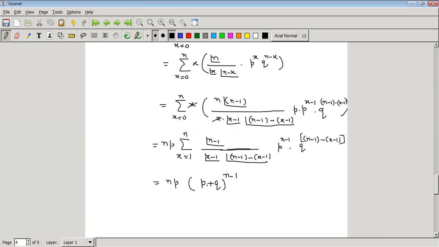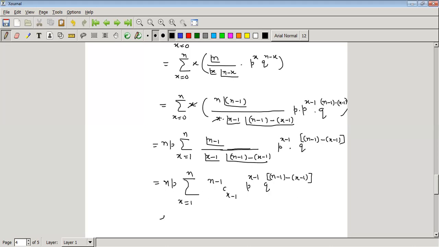This is the binomial distribution. If we expand this, then we get p plus q to the power n minus 1. Let us do one more step. We can write x equal to 1 to n, and this term as n minus 1 C x minus 1, p to the power x minus 1, q to the power n minus 1 minus x minus 1.